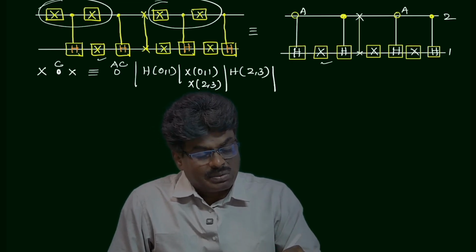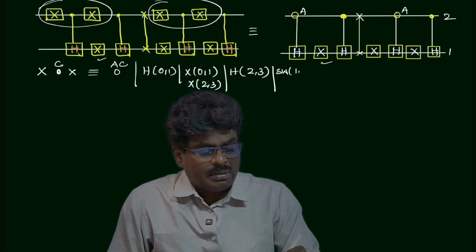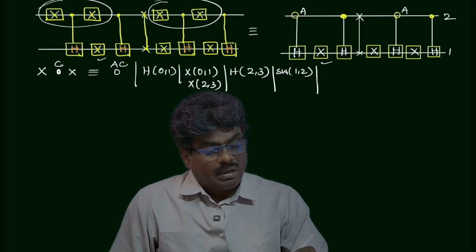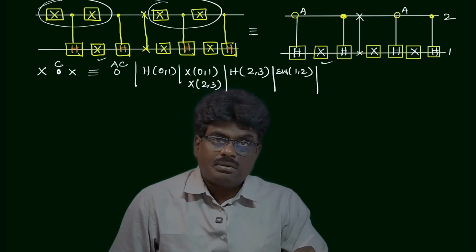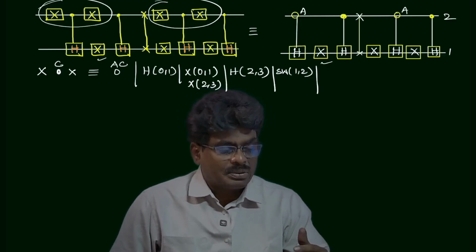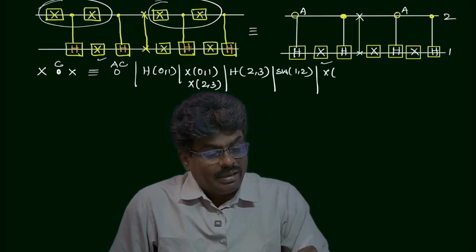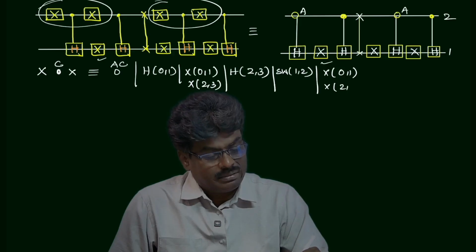No more addition. Swap, I'm taking SW, that is 1 comma 2 or 2 comma 1, anything, it's okay, no issue. Or you can write x of 1 comma 2, it's okay. Swap 1 comma 2, and please write x of 0 comma 1 and add 2 comma 3.